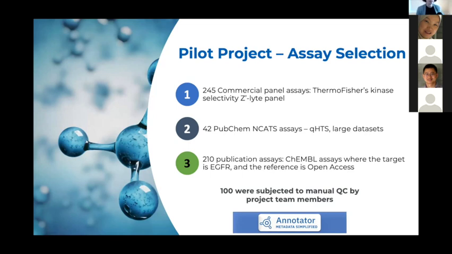And then we reselected 100 of these assays after they had run through the annotation process to really stringent review by humans to really make sure they're high quality and that we would be doing a very good job putting them back into the public sphere. And one of the reasons Annotator was selected as this technology is because it never took that human out of the loop.